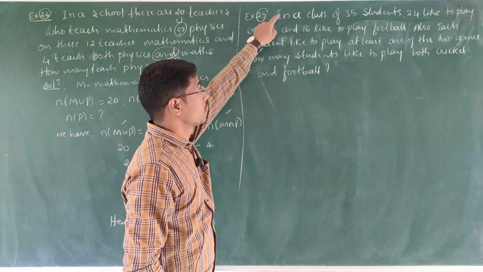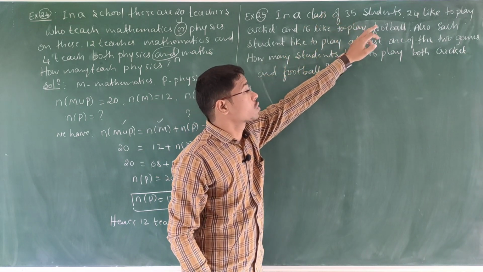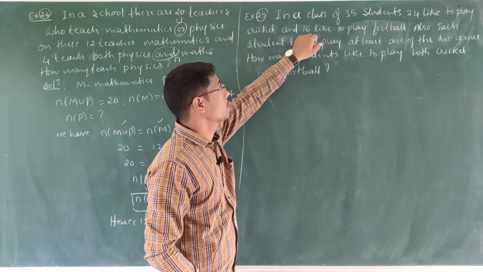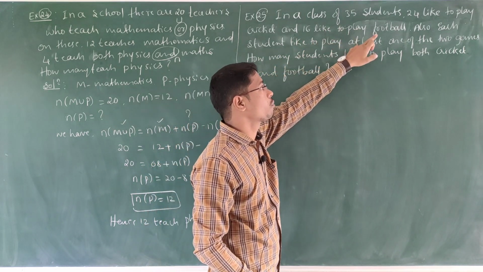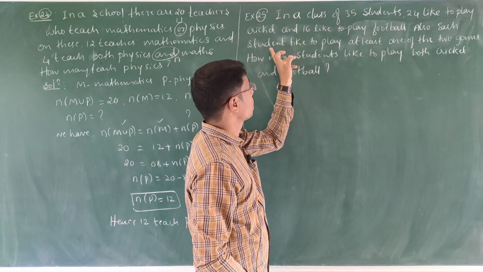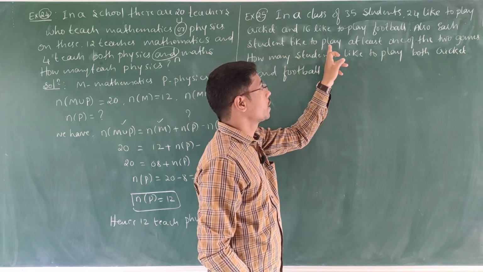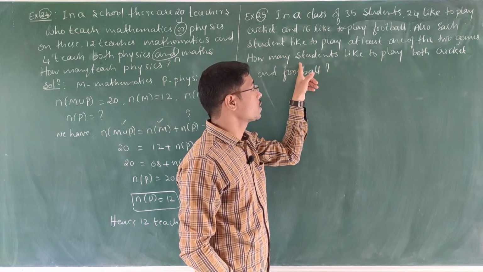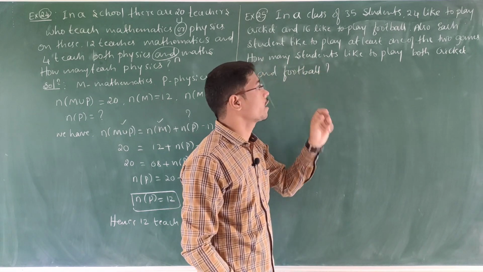Example 25. In a class of 35 students, 24 like to play cricket and 16 like to play football. Also, each student likes to play at least one of the two games. How many students like to play both cricket and football?